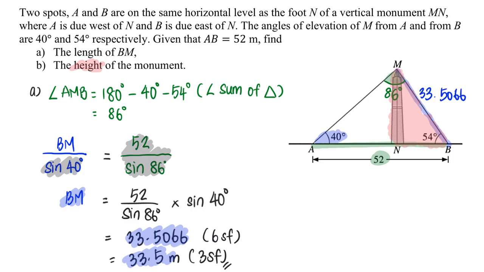This is a special tip for everyone: if it helps, you could just do a rough sketch of this red color triangle. With this red color triangle I have my 33.5066 and my 54 degrees here, and I'm required to find my MN.